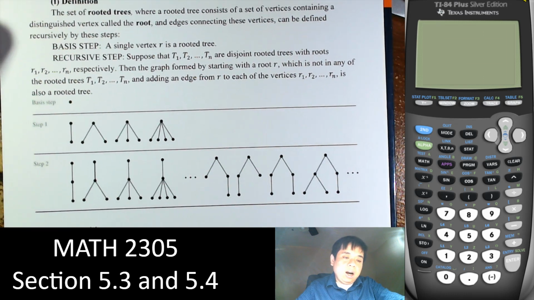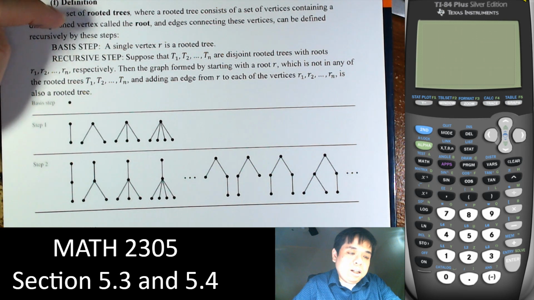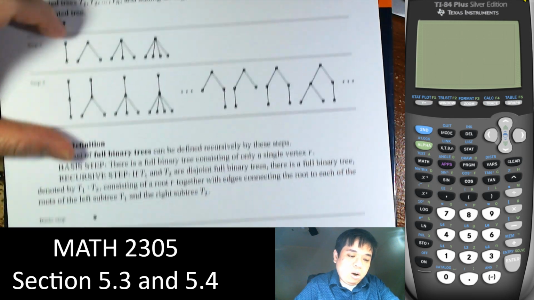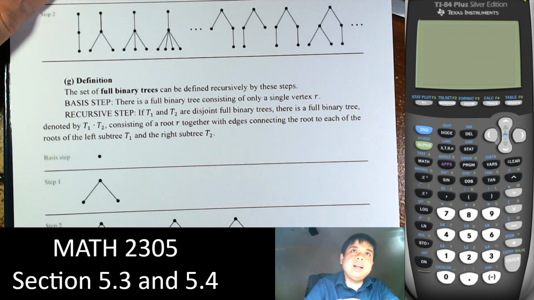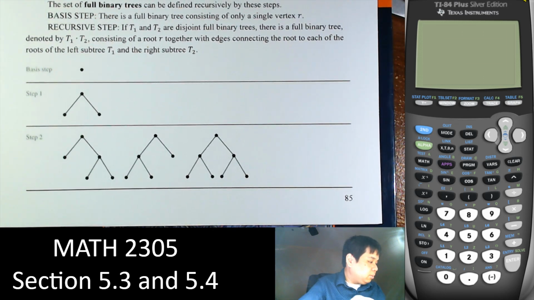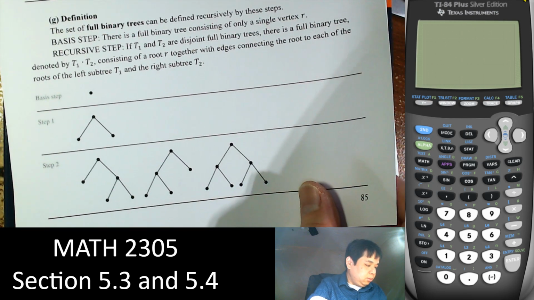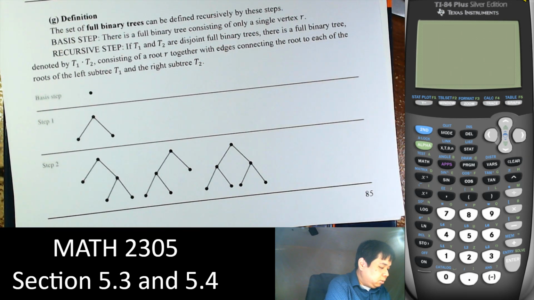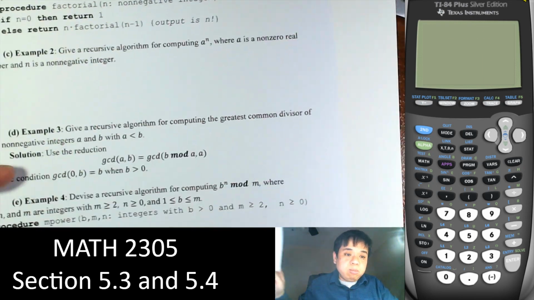Same thing, we can also define trees. We have a set of rooted trees, or just the binary trees. Of course, the way we define it is like that. I'll leave you the note here, you can just read it.